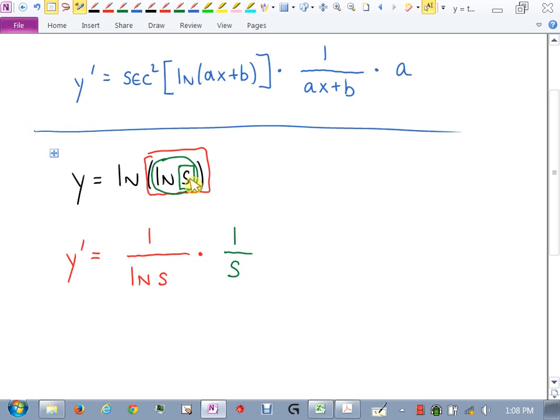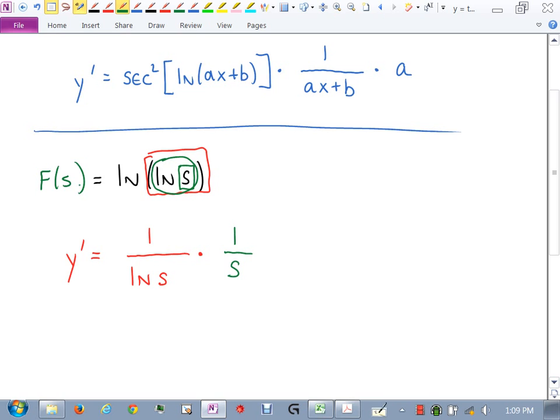The derivative of s here is 1, because in this problem, s is considered, I believe, to be a variable. Does it say? Oh, yeah, sorry, it says in the beginning, F of s. So yes, you can assume that s is your variable. So s is not a constant in this problem.